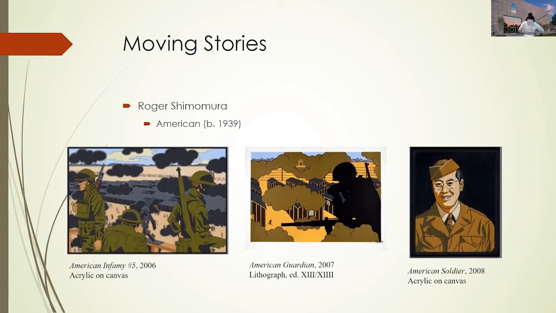The title of the series of the paintings references the date which will live in infamy, the speech delivered by President Franklin Delano Roosevelt one day after the bombing of Pearl Harbor. And the one on the left is called American Infamy, and then American Guardian is in the middle.